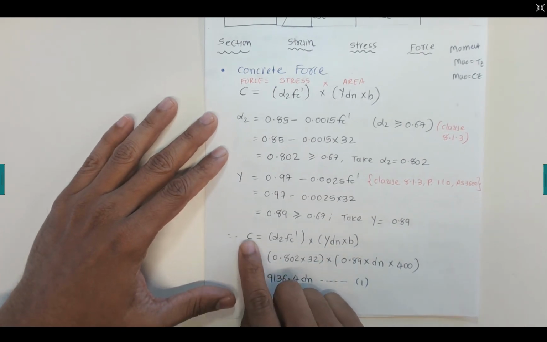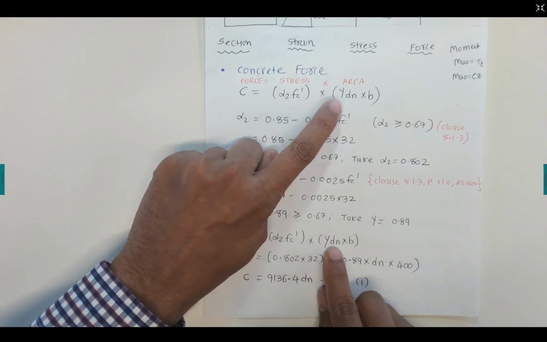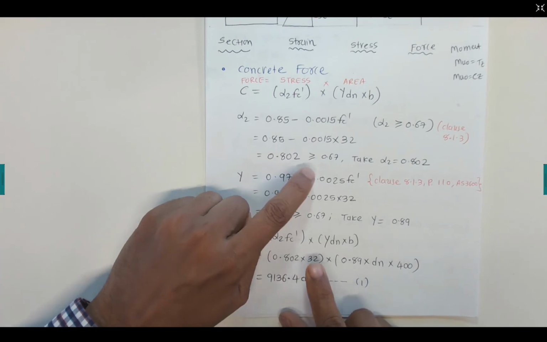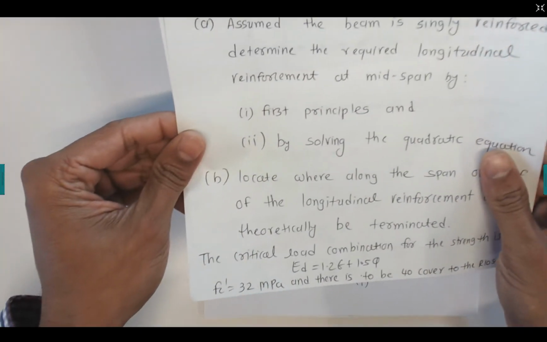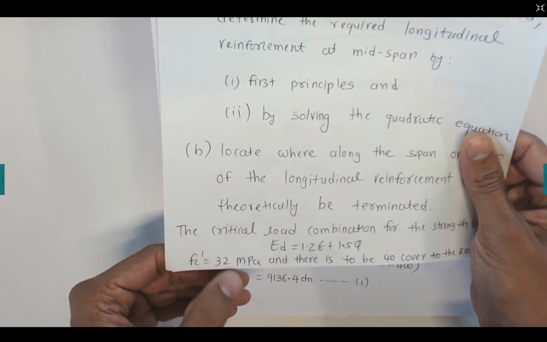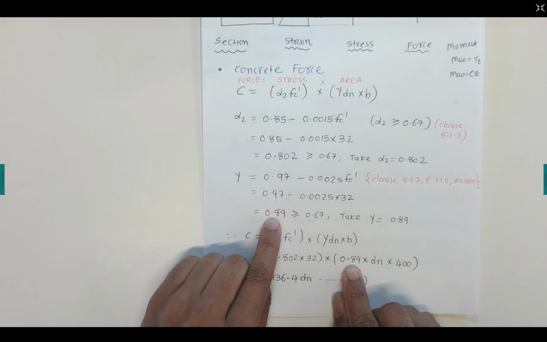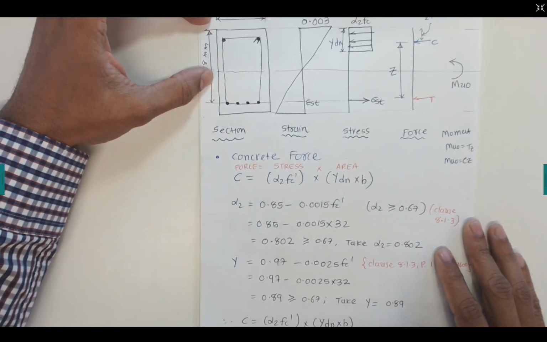So in that case we take the concrete force C equal to alpha 2 fc dash times gamma dn times b. That is 0.802 times 32, the characteristic strength of the concrete fc dash in megapascals given in the question, times gamma, which we just calculated as 0.89, times dn. We don't know dn, it is nothing but the depth of the neutral axis.